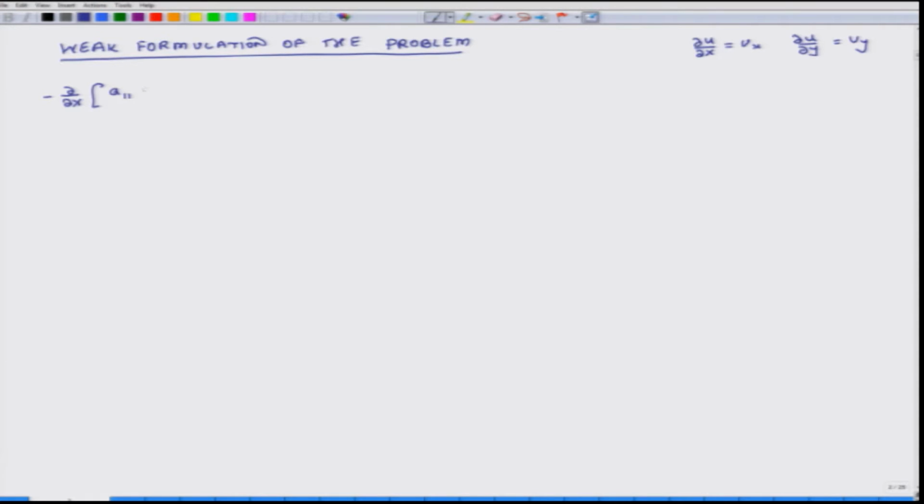So, this is ux plus A12 uy, minus del over del y A21 ux plus A22 uy, plus A00 u minus f equals 0.